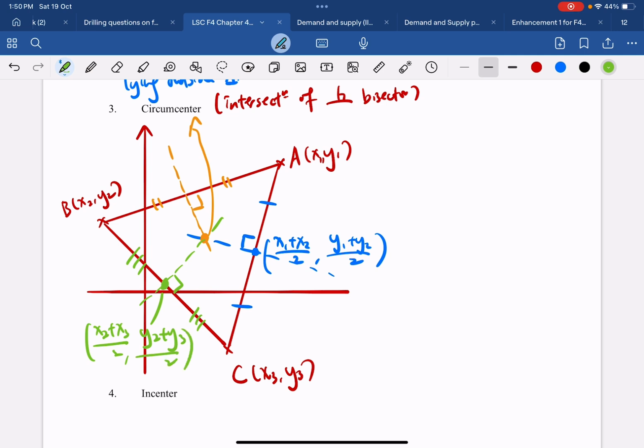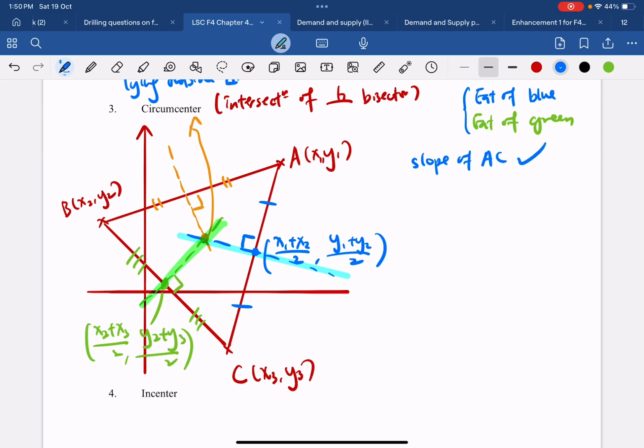So how can we find the coordinate of the circumcenter? For sure we need two equations of perpendicular bisectors, right? Let's say we want the equation of the blue perpendicular bisector, and the equation of the green perpendicular bisector. How to get the equation of the blue one? We have the slope of AC, which is y3 minus y1 divided by x3 minus x1.